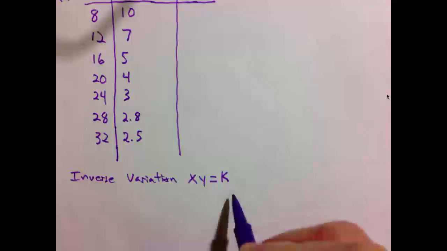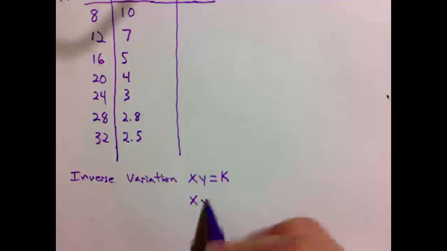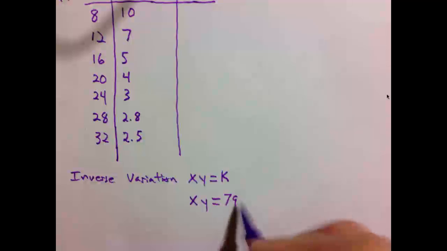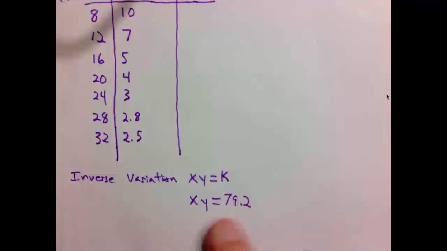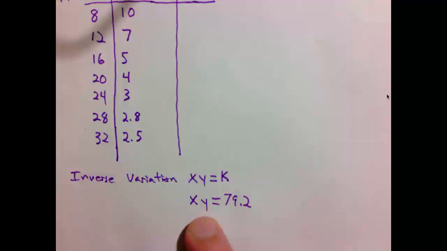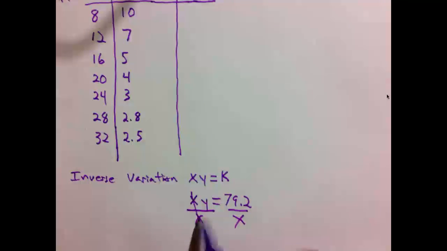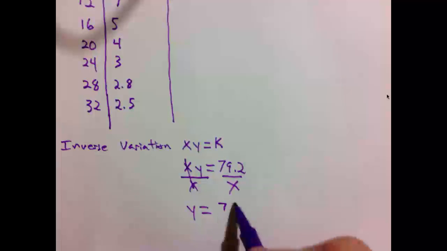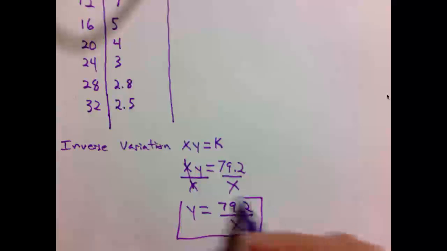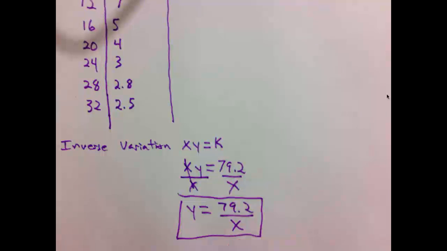So instead of xy equals K, I'm going to have xy equals 79.2. Well, I want to graph this function, so I need to solve for y. Solving for y, I will divide by x on both sides. X is divided and leaves y equals 79.2 over x. This is the function I will graph over my scatter plot, and it should model my points relatively well.